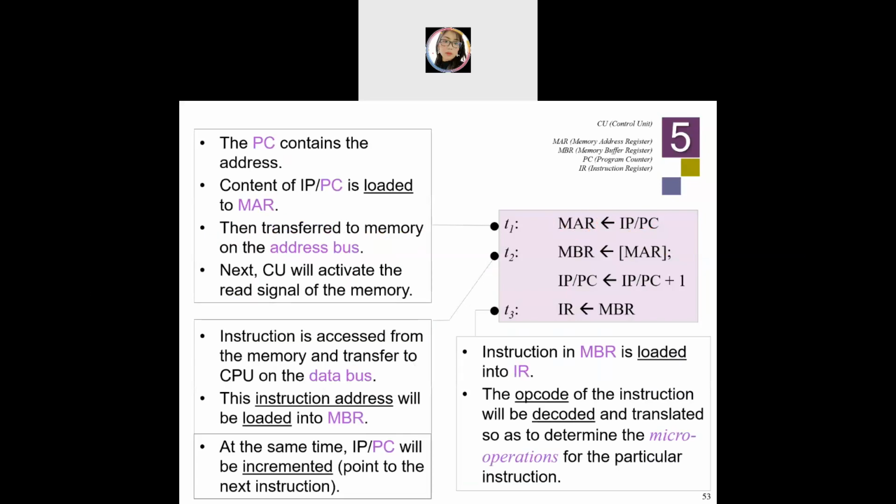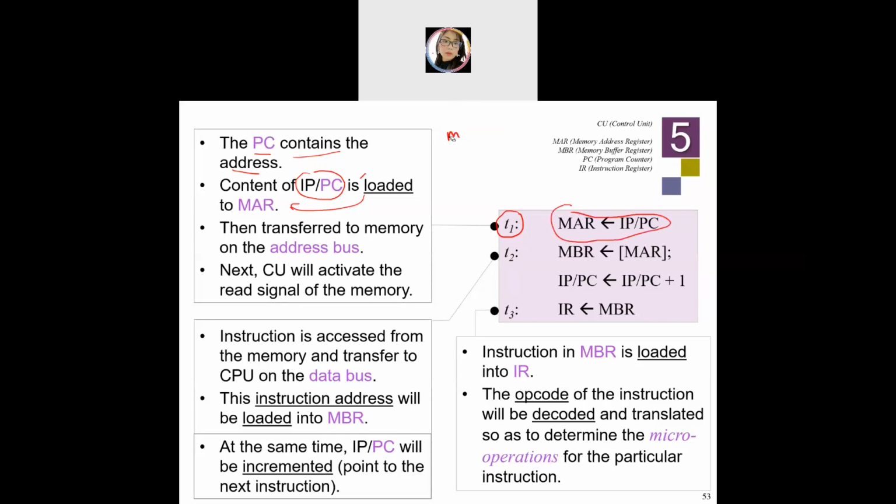Next, you're going to see one by one, starting with T1. This PC or program counter contains the address. Of course, this address, the content of IP and PC, is going to be loaded into the MAR. So it's similar to MAR equals PC, using the RTL here.